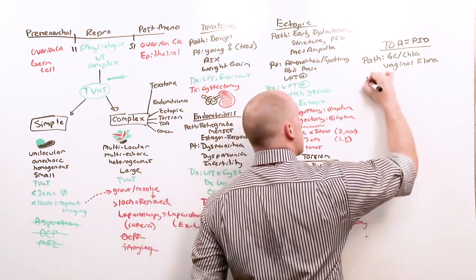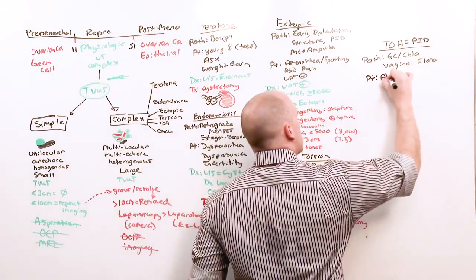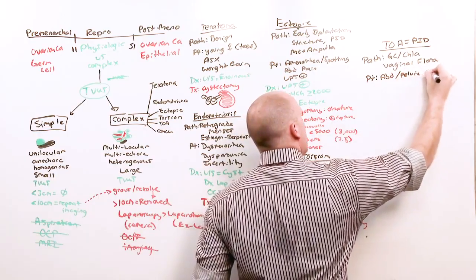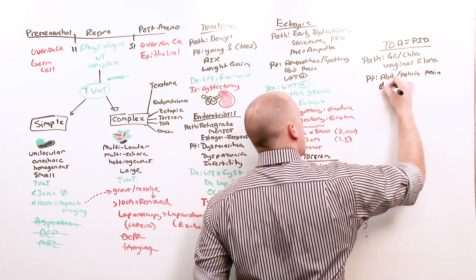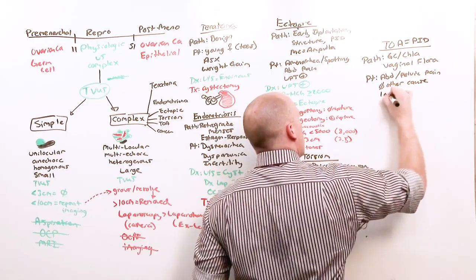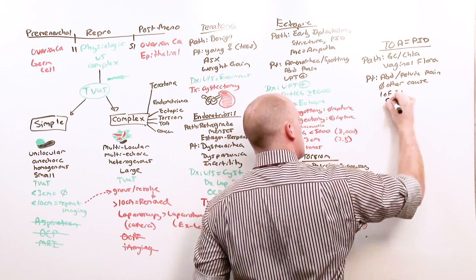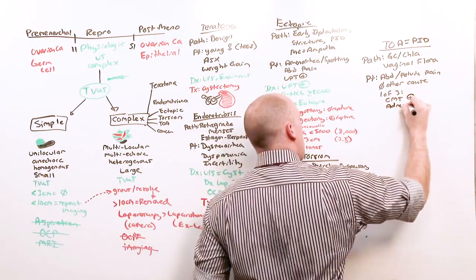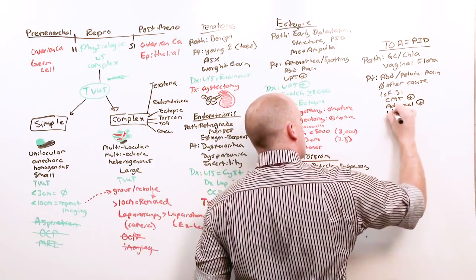So you see the same presentation, which is defined by the CDC as abdominal or pelvic pain, no other cause for the symptoms, and one of three of these: cervical motion tenderness, adnexal tenderness, or uterine tenderness.